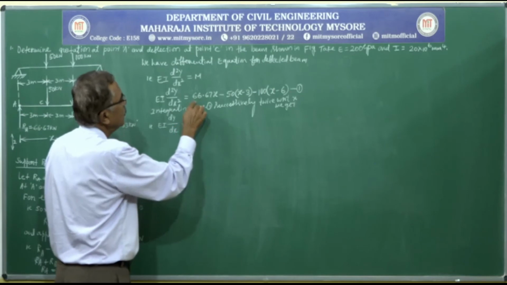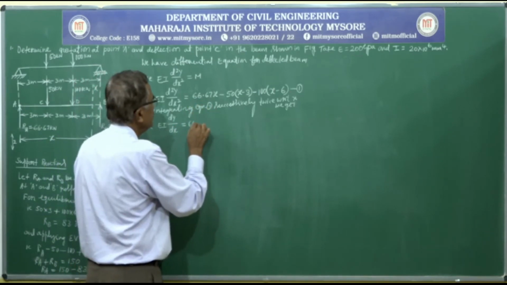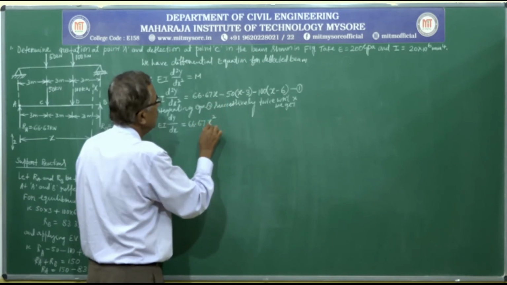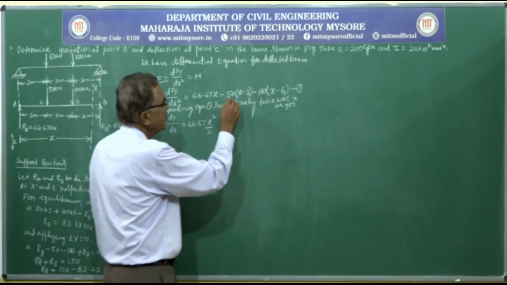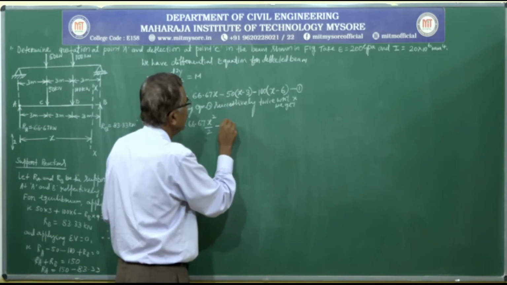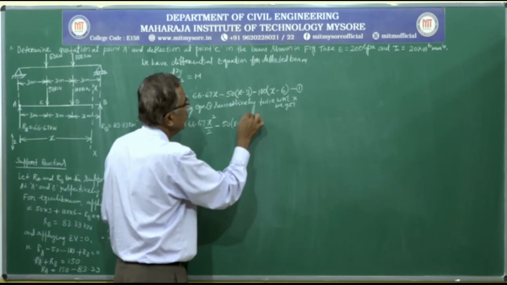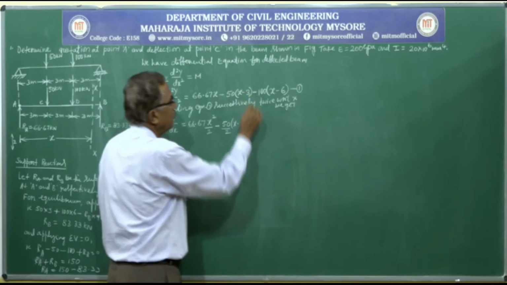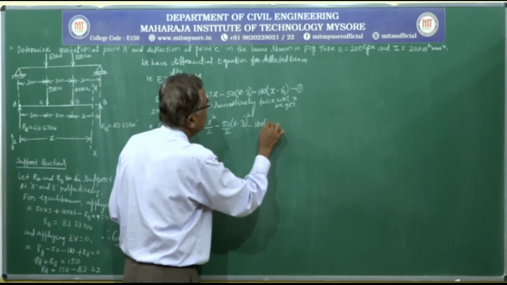that is equal to the integration of 66.67 into x square by 2, minus the integration of 50 into (x minus 3) whole square by 2, we should never open the bracket, minus 100 into (x minus 6) whole square by 2, again you should not open the bracket.